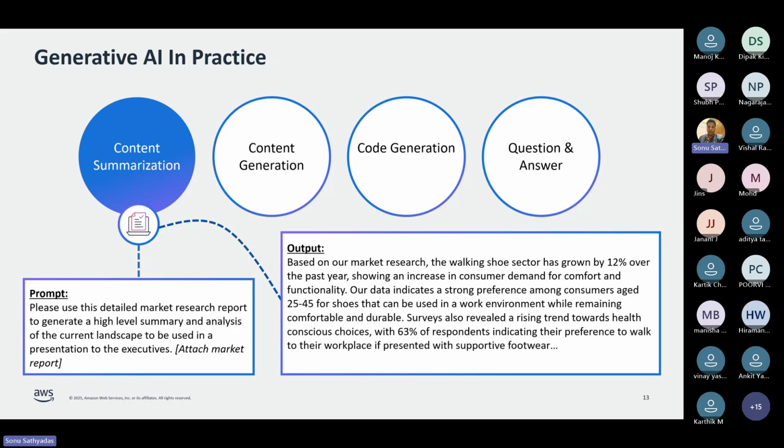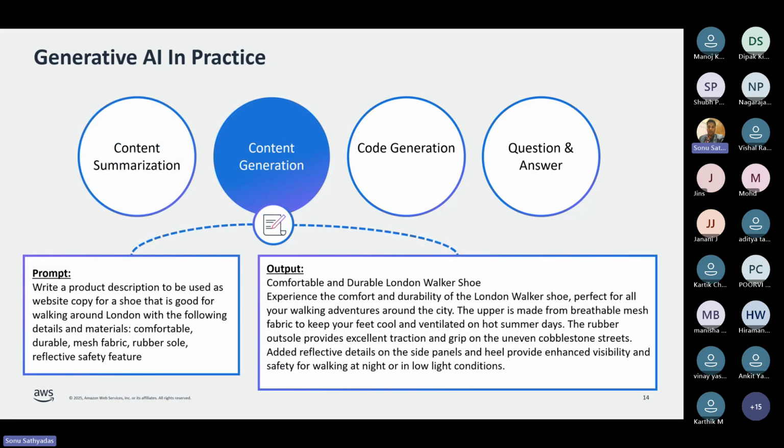We can also use this for content generation, basically for generating images, text, video, and code. We can use the generative AI services. If you are a developer, you must be familiar with tools like GitHub Copilot or Amazon Q or Tab9, which can be used to generate the code based on your prompt.